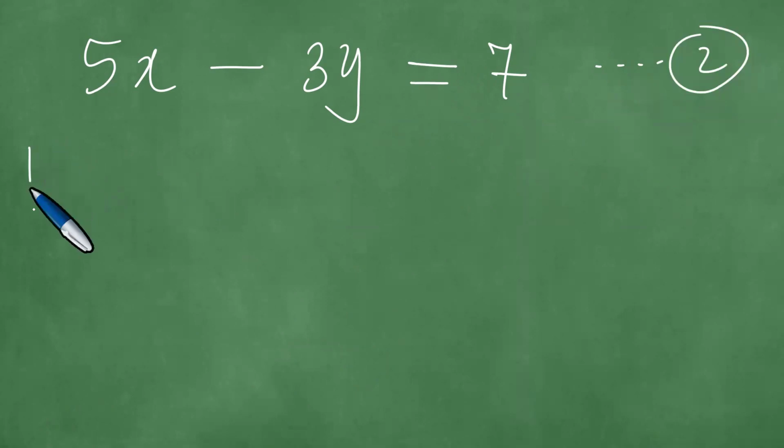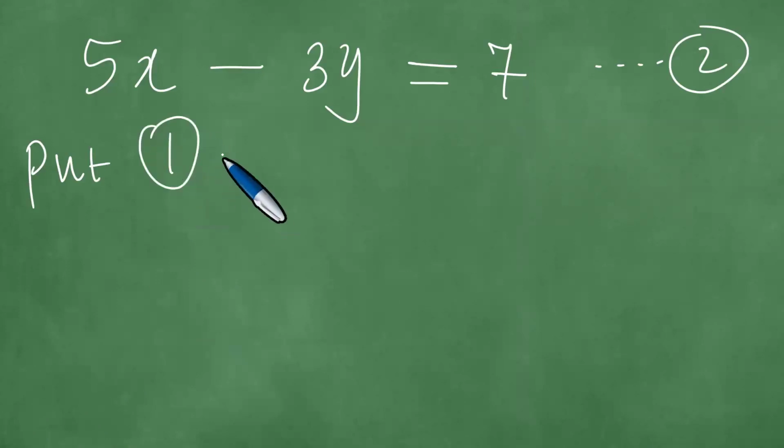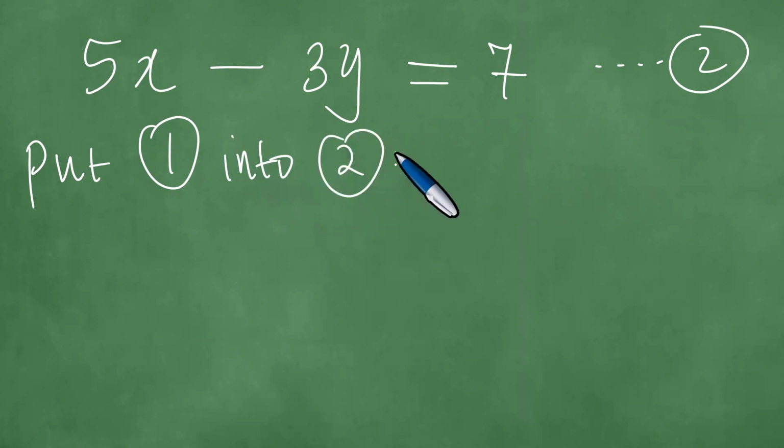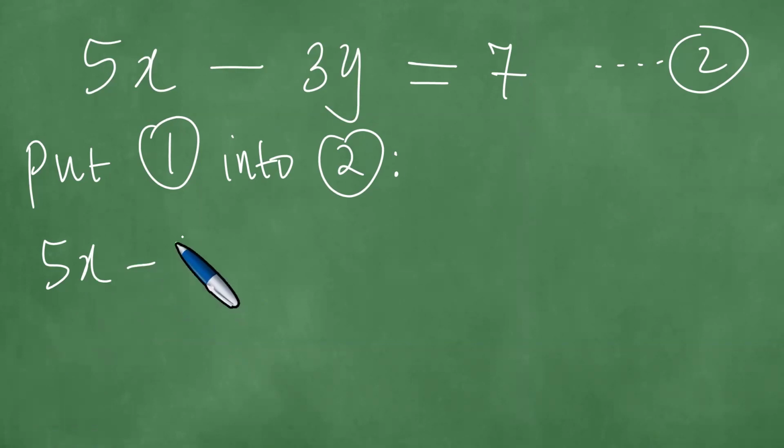So we proceed to put 1 into 2, which means that you have 5x, let's first write 5x here, like so, minus 3y.